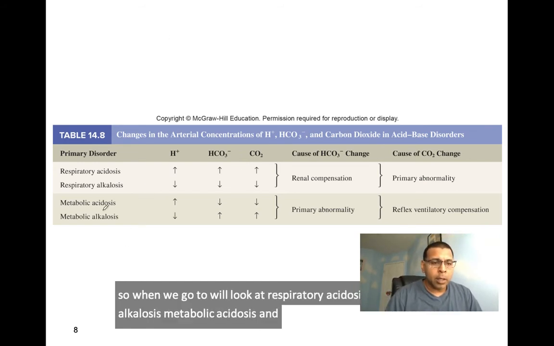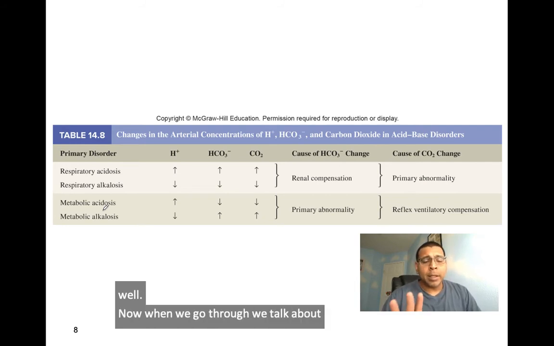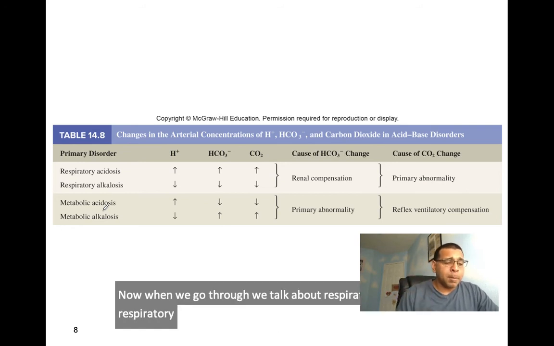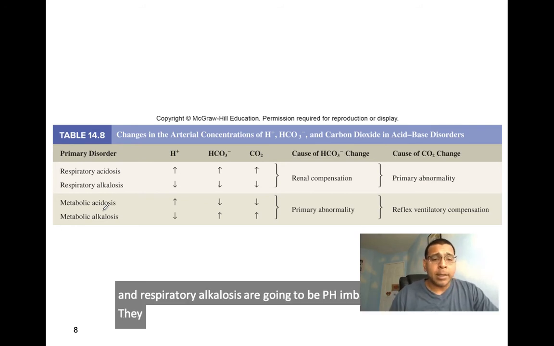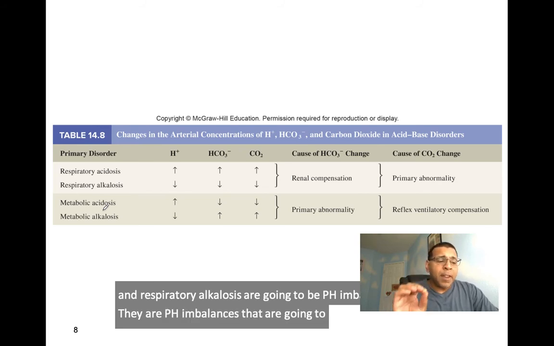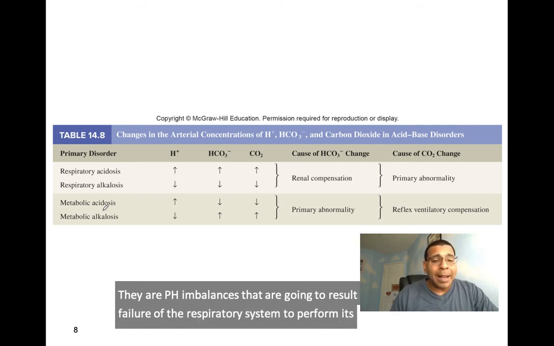Respiratory acidosis and respiratory alkalosis are pH imbalances that result from some failure of the respiratory system to perform its normal pH balancing roles.